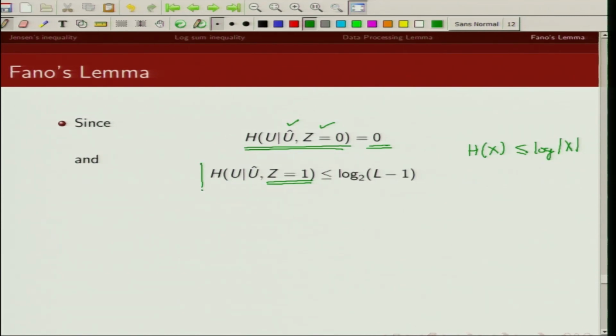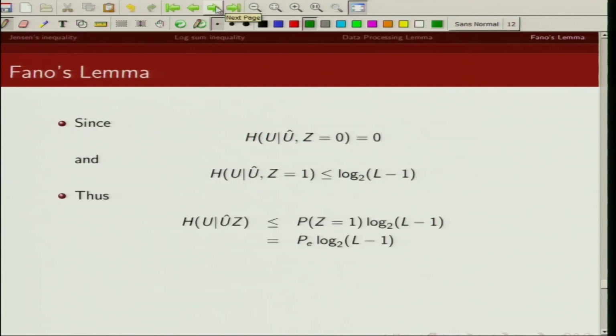So this entropy is upper bounded by log of L minus 1. So if I plug that in, then the uncertainty in U given U hat and Z can be written as probability of Z equal to 1 times the uncertainty in U given U hat and Z equal to 1, plus probability of Z equal to 0 times the uncertainty in U given U hat and Z equal to 0.